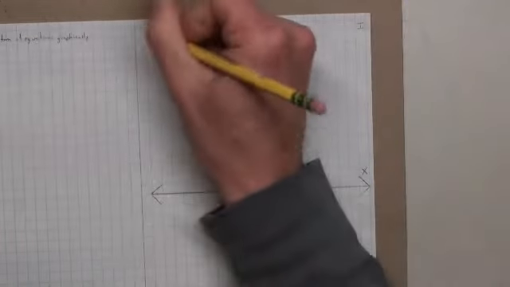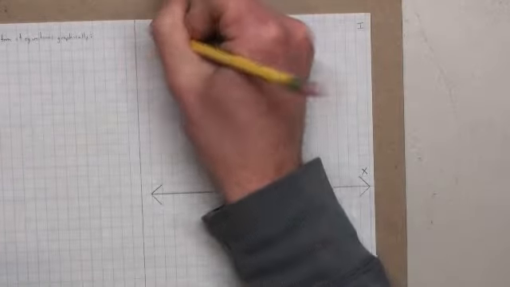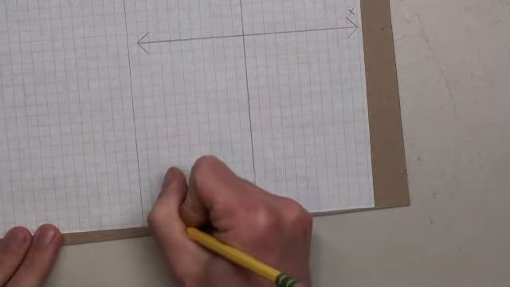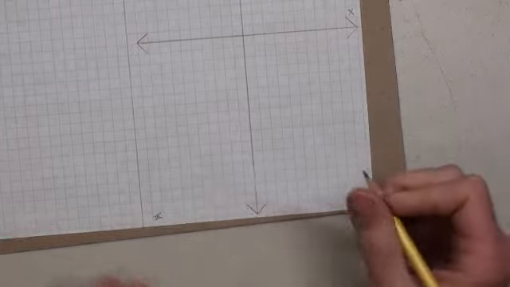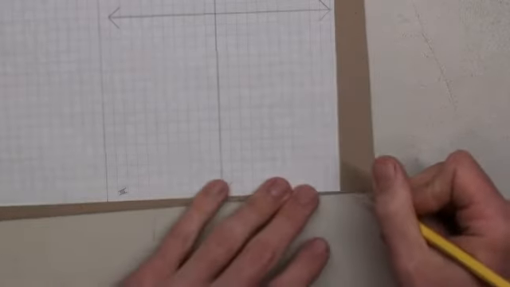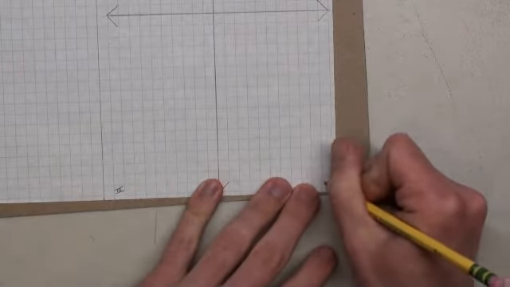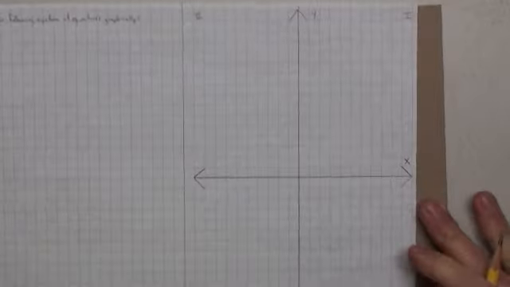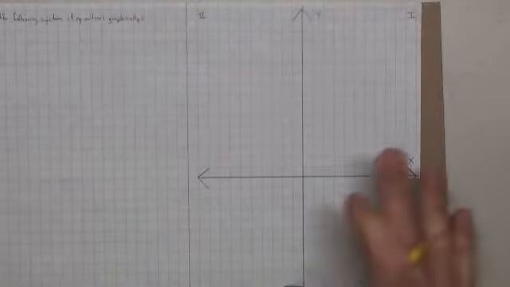Quadrant 1, quadrant 2, quadrant 3, quadrant 4. Okay? 1, 2, 3, 4.